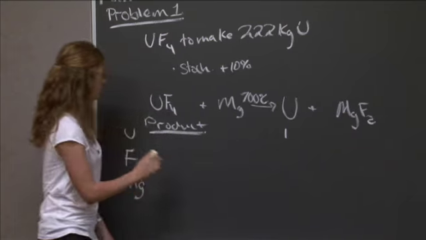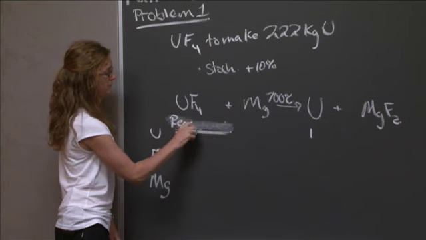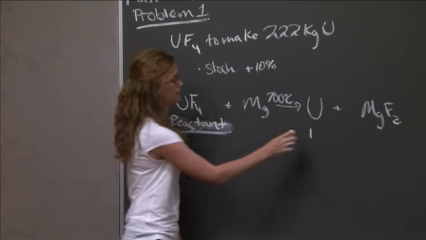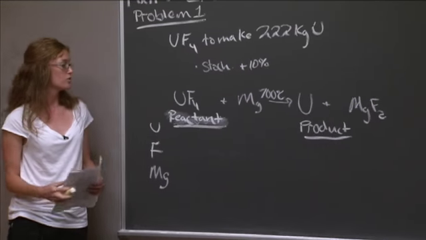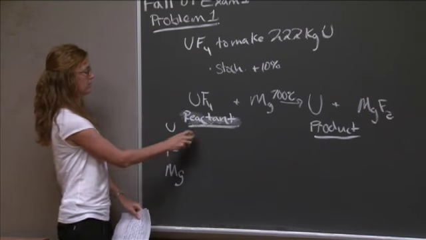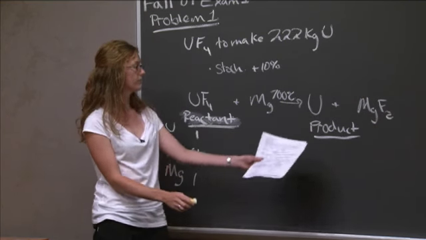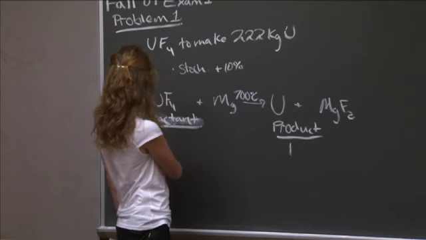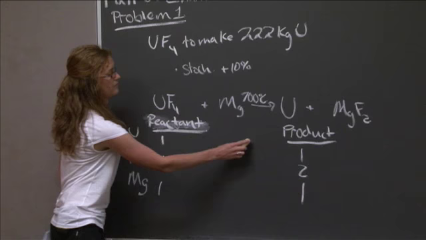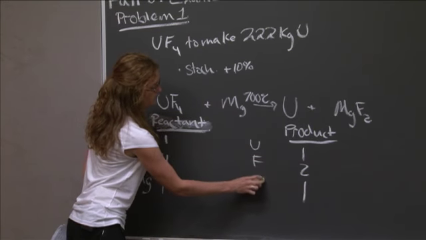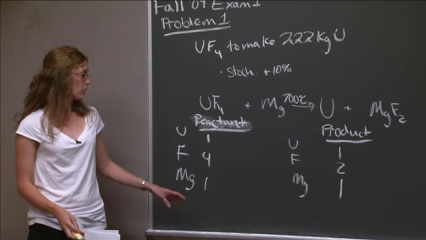This is the reactant side, and over here is the product side. On the reactant side, we have 1 uranium, 4 fluoride, and 1 magnesium. On the product side, we have 1 uranium, 2 fluoride, and 1 magnesium. So we see that we have an imbalance in fluoride.